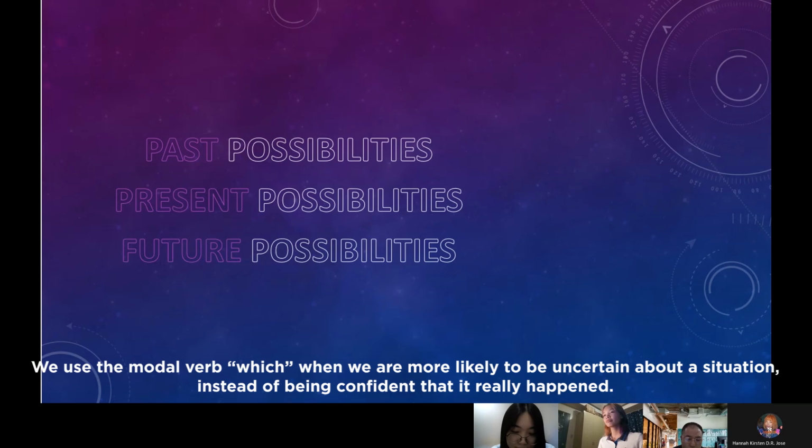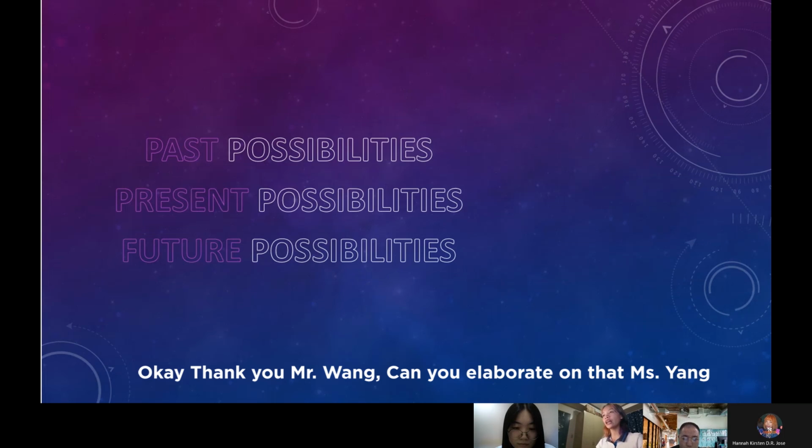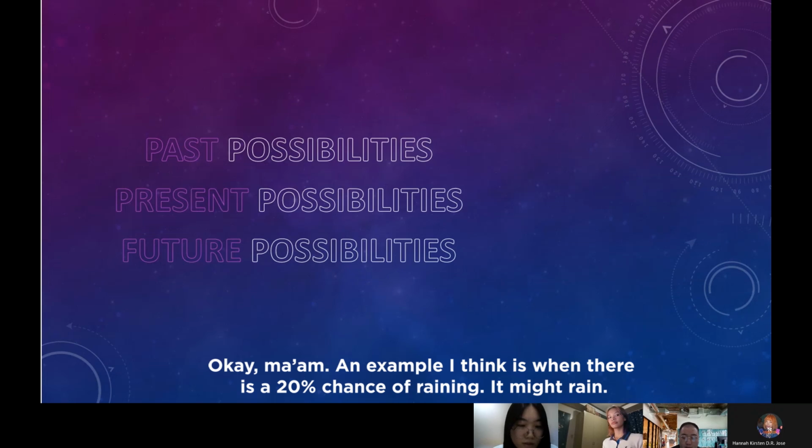We use the modal verb might when we are more likely to be uncertain about a situation instead of being confident that it really happened. Okay, thank you, Mr. Wang. Can you elaborate on that, Miss Yang?